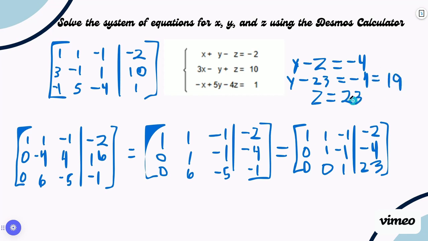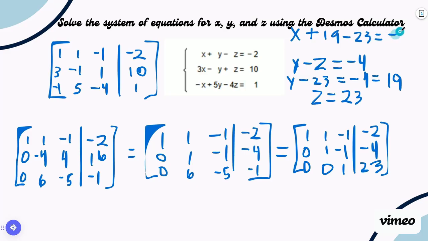And then I can substitute y and z in for this top equation, which is x plus y minus z equals negative 2. See, it's going to stay the same all the way through. So then x plus 19 minus 23 is going to equal negative 2.